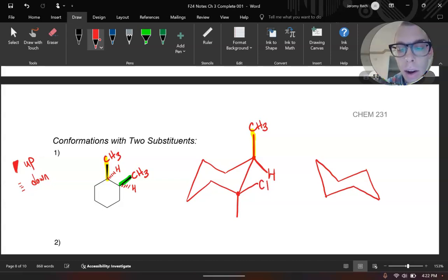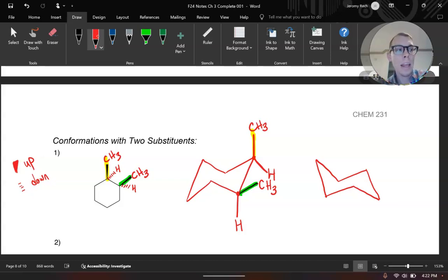So that means this equatorial up is going to be my CH3, and then that hydrogen, which is going to be a dash, is going to be my down position, and that's going to correspond to our overall molecule. So I have an axial up and an equatorial up CH3. We see that they're both up because they're both wedges, and those are what we've defined as being up.